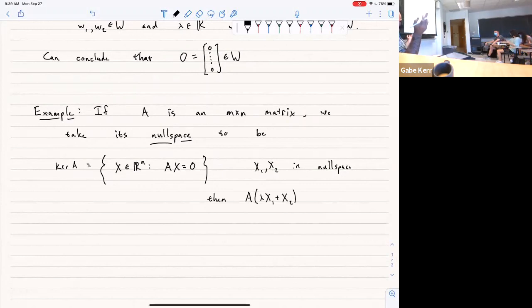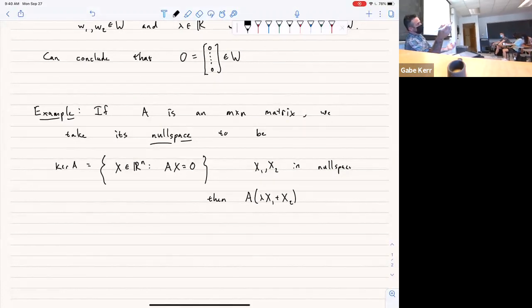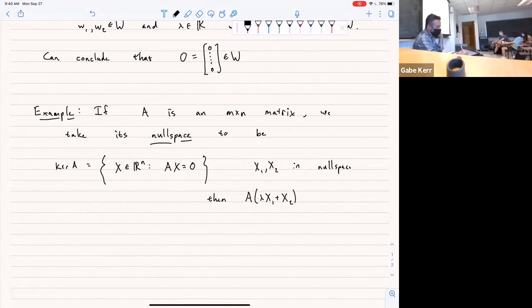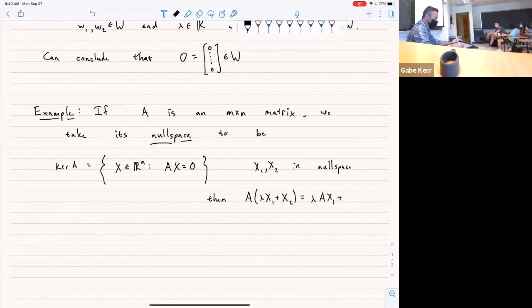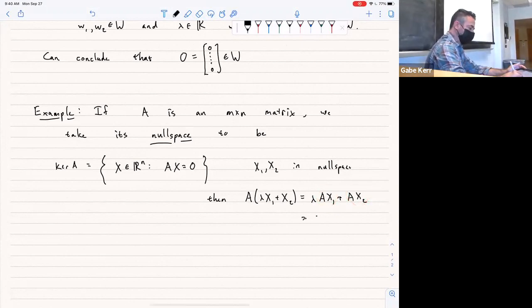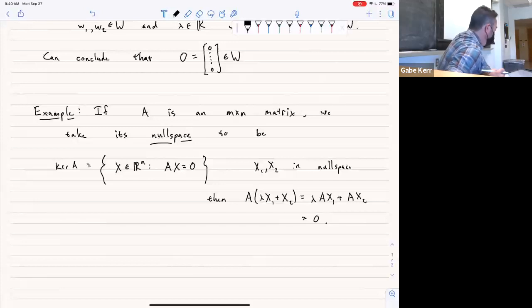We have this distributive property: matrix multiplication will distribute, and if you have a scalar, lambda a real number, it commutes with matrices. Not matrices with each other, matrices don't commute under multiplication, but a scalar does. So this will be lambda A x1 plus A x2. But these are both in the null space, so each one of these is the 0 vector. So you get 0. So that shows that this is a subspace.